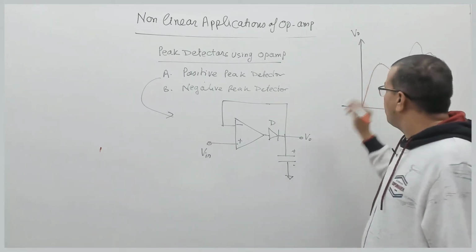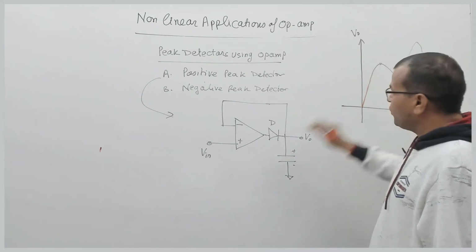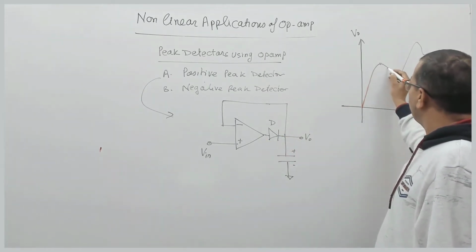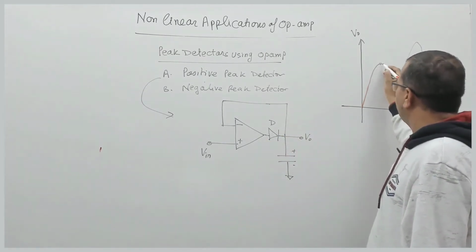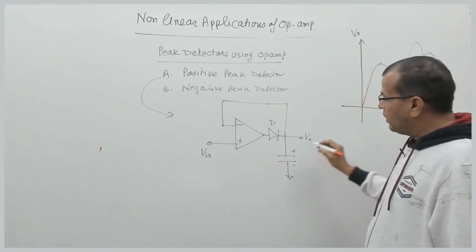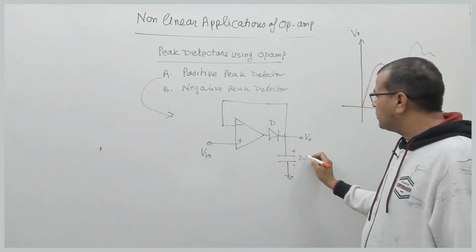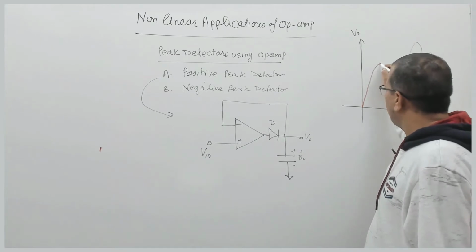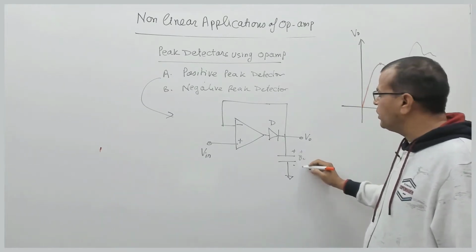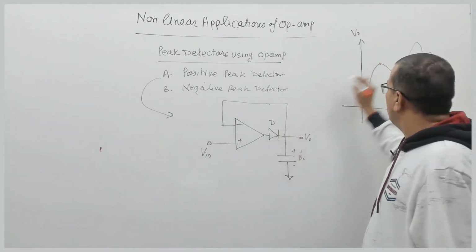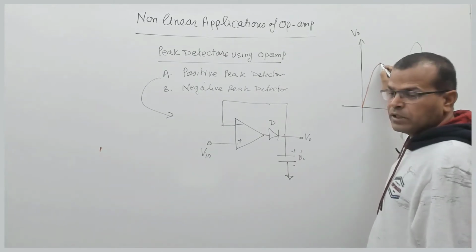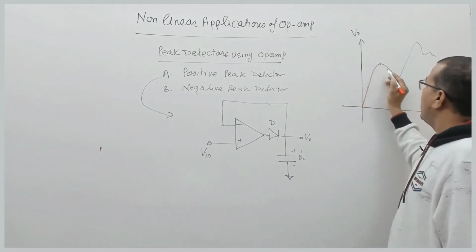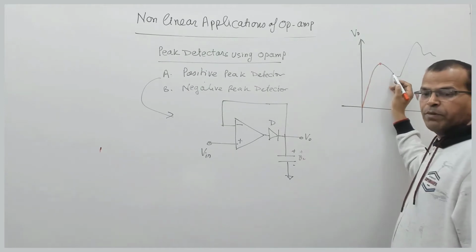But the moment the input voltage starts falling below this peak value, the voltage across the capacitor, which was the output voltage, becomes more than the input. So the voltage across the capacitor is this much, that is the peak value, and the input voltage is falling below this.